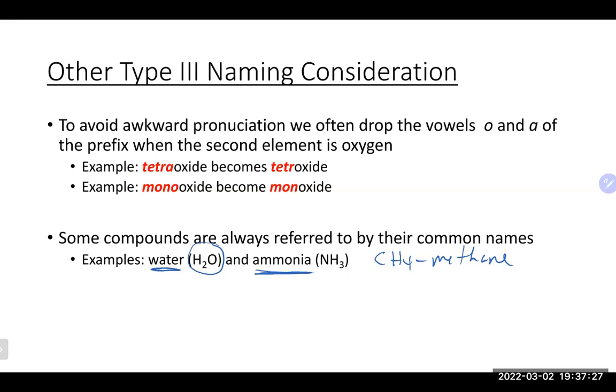The other consideration that occurs with a nonmetal and a nonmetal is when we have hydrogen involved. Since hydrogen technically is a nonmetal, when it hooks up with another nonmetal, it is actually not named like a type 3 compound. It's actually more named like a type 1 compound, an ionic compound.